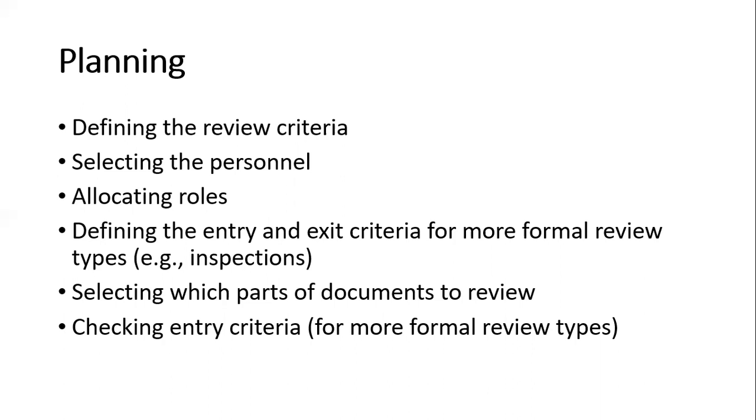Right? So in the planning section we will select what parts are going to be reviewed and what the documents are, etc. Now we have team members, different roles, review criteria, entry and exit criteria, and the documents that we are going to examine.